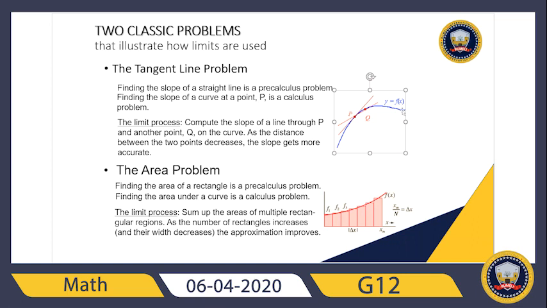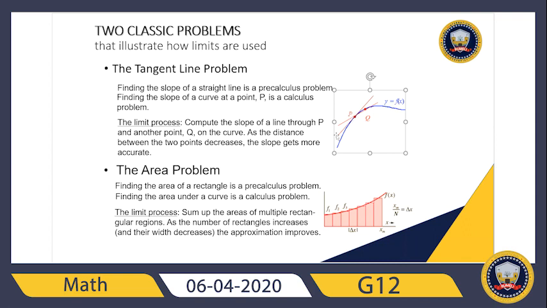So that's why I need a new concept to define the rate of change of a function, to define how to find the gradient or the slope of a curve at one of these points. Once you are taking 2 points and the distance between these 2 points decreases, the slope gets more and more accurate.